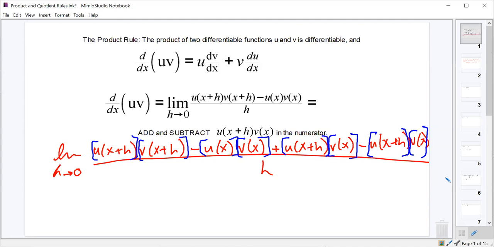What do you guys think? How about we group together two of the ones that have a U of x plus h in them? So let's start with the first one. And you guys pick. You want to do the plus one or the minus one? Plus. Everybody seems to want to do the plus.